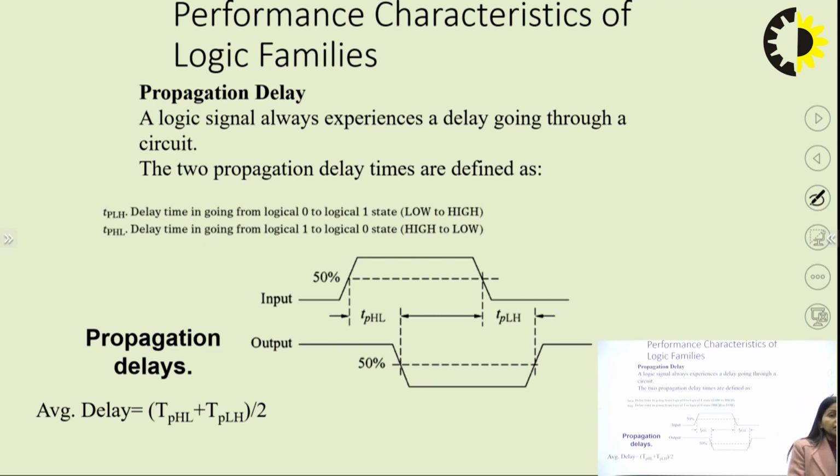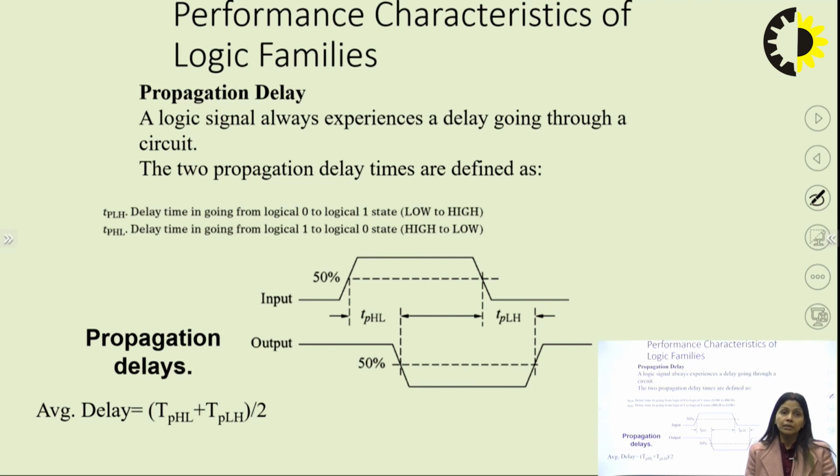After discussing the propagation delay, one more important point is there. The propagation delay, logic signal always experience a delay. See, we are giving input to the input of one gate, and then we are taking the output, right? We are taking the output so that the propagation delay is there from input to output through the gate.